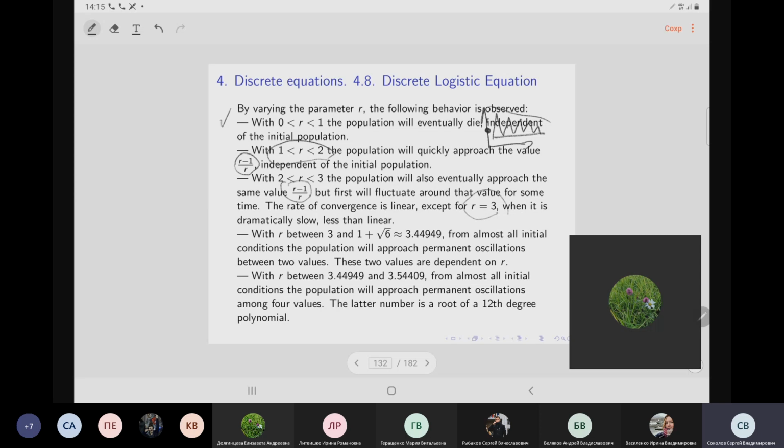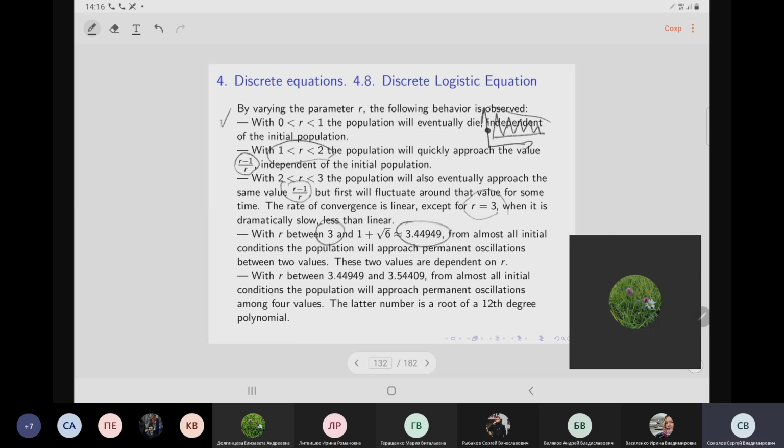We can just do some numerical calculations, and we can see that from almost all initial conditions, the populations will approach oscillations between two values. What does it mean? It means that when r is from 3 to 3.44, there are stable two-period solutions.